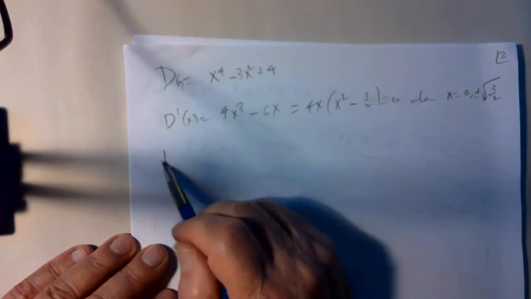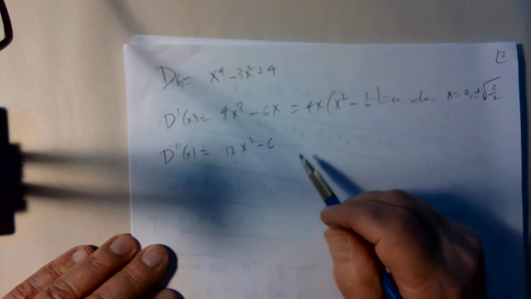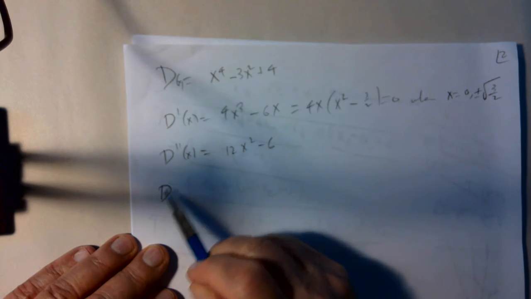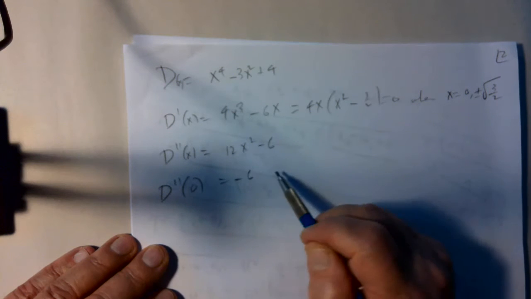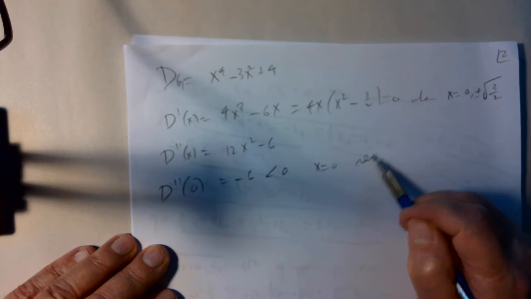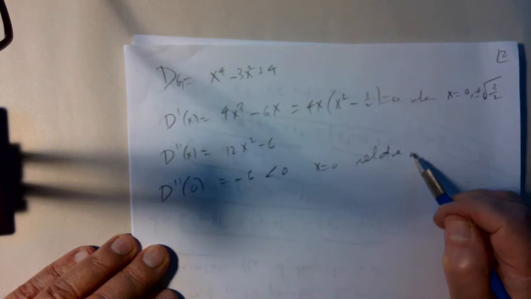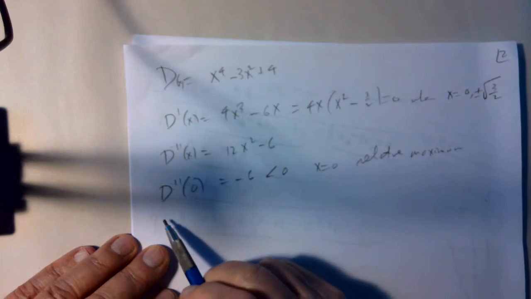Let's use the second derivative test. What's the second derivative of this function? It's 12x squared minus 6. So if you take the second derivative at 0, that's minus 6. It's negative. So x equals 0 is a relative maximum. We want minimum.